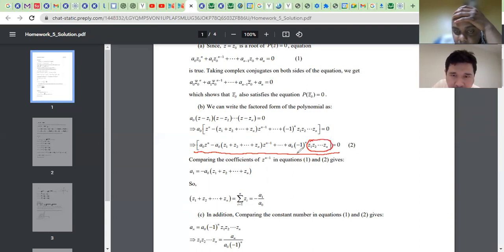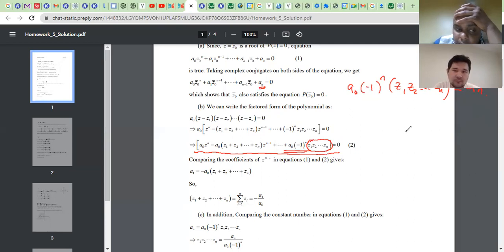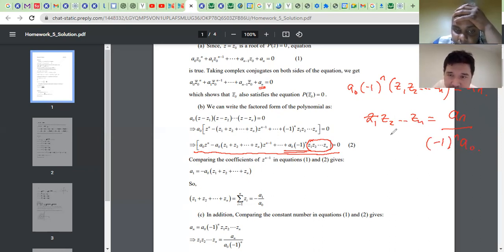Yes. And you can see that the product of the roots, Z1, Z2, all the way up to Zn, is related to the last coefficient, which happens to be An. So this product of the roots is going to be equal to An over (-1)^n A naught.